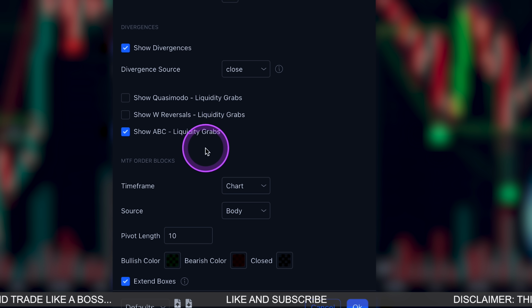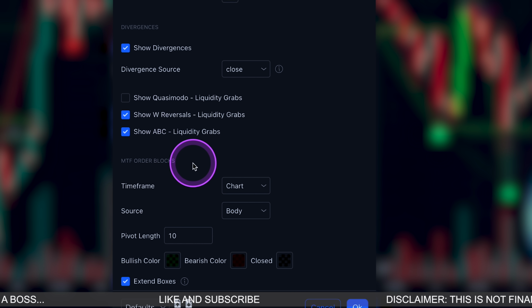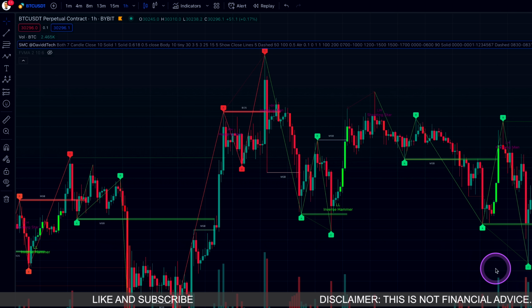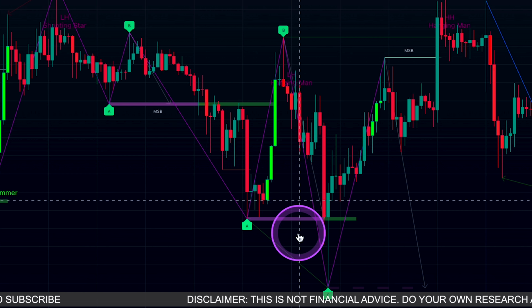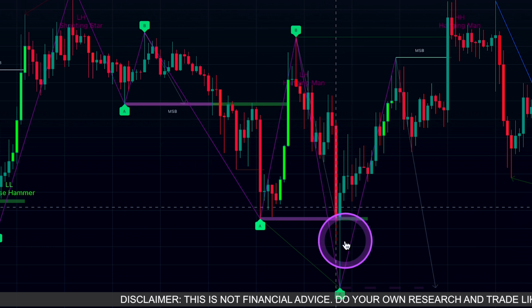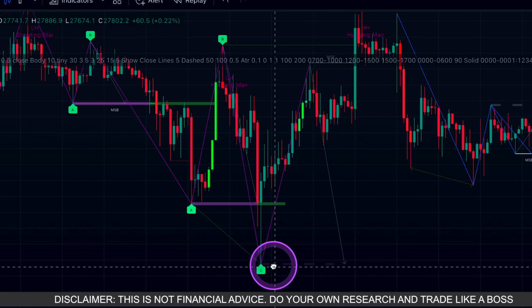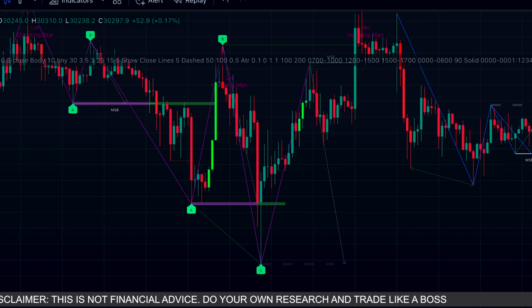Now you can also add the W patterns. They're a bit more noisy because there's a lot more of them, because obviously they pop up a lot more. So if I add the W patterns as well, it's going to add the W patterns plus the ABC patterns here. Then we have the purple ones here, which are bearish. If price goes below this big dotted line here, I hope you can see that on YouTube.